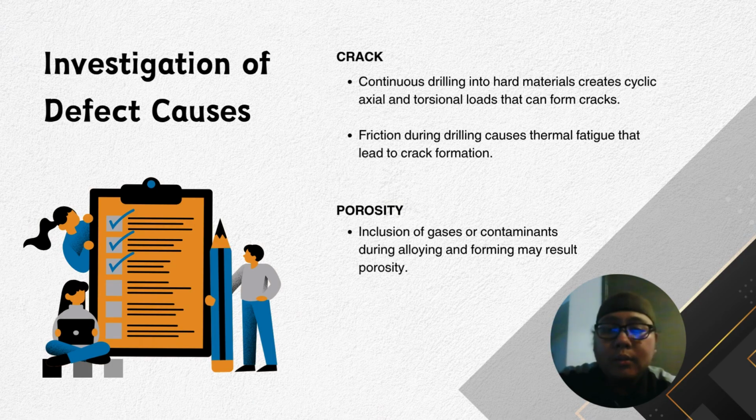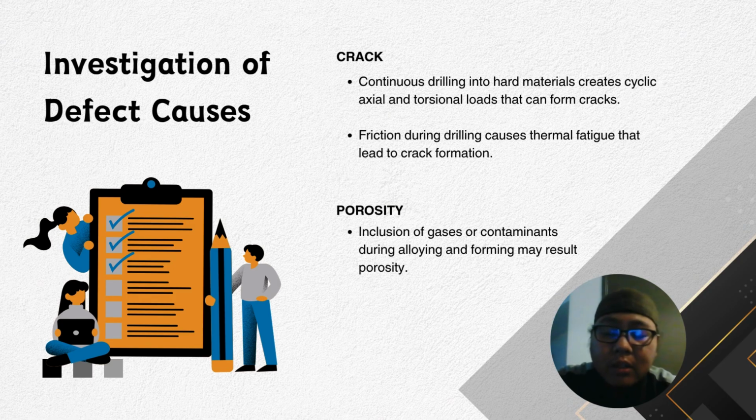So we move on to the causes of the detected defects in the drill bit. Firstly, for cracks, continuously drilling into hard materials generates cyclic axial and torsional loads. Over time, these repeated stresses can initiate surface cracks, especially at high stress areas like the cutting edge. In addition, the friction produced during drilling leads to heat buildup without proper cooling.